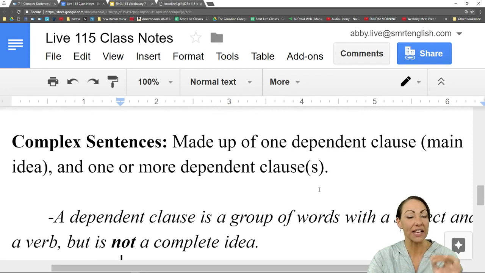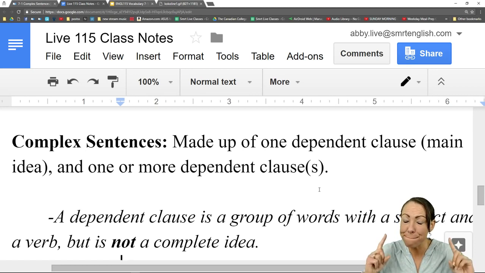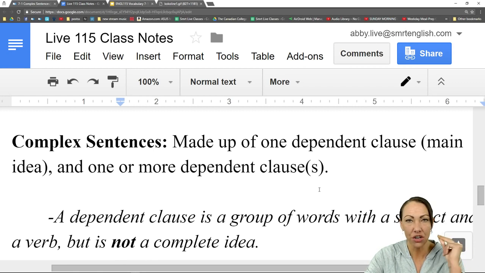Going down today's lesson with our complex sentences, it's made up of one independent clause, so that's our main idea, and one or more dependent clauses. A dependent clause is a group of words with a subject and a verb, but it's not a complete idea. We're going quickly, perhaps to take notes in real time.